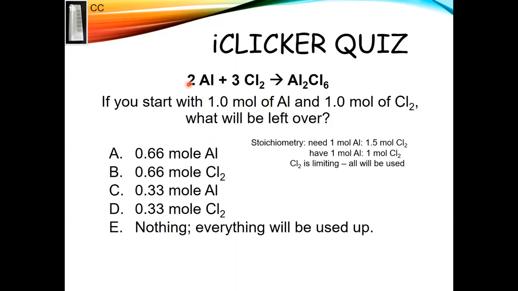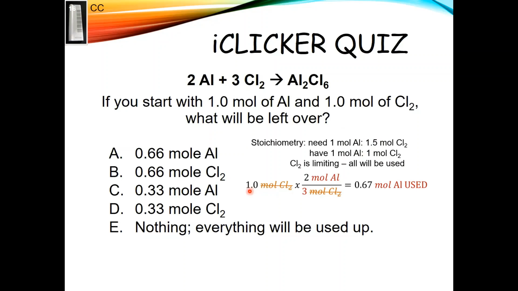Based on this equation right here, we'd need a mole ratio between aluminum and chlorine of 1 to 1.5, but what we actually have is 1 mole of aluminum for every 1 mole of chlorine. So we have less chlorine than we need from our comparison of moles in our equation. So our chlorine is our limiting reagent.